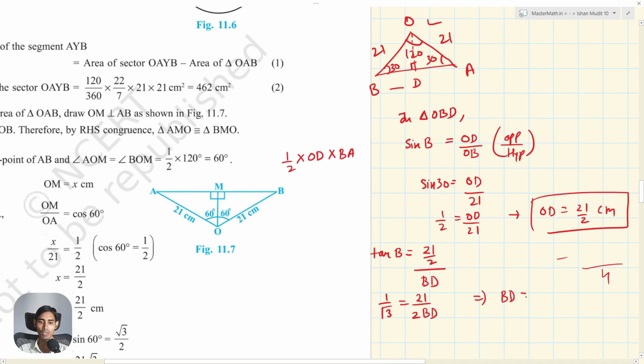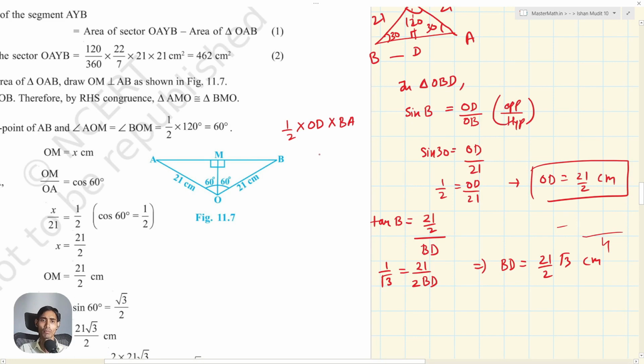So BD is 21 root 3 by 2 centimeters. Pretty awkward, but this is what it is. Now we got OD and BD, we need BA. So 2 times BD is BA, which would be 21 root 3.